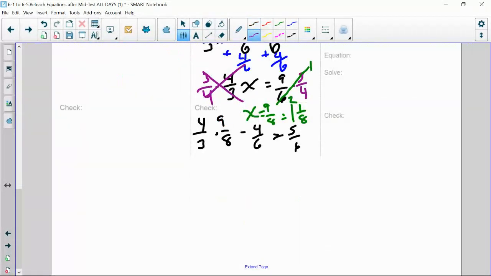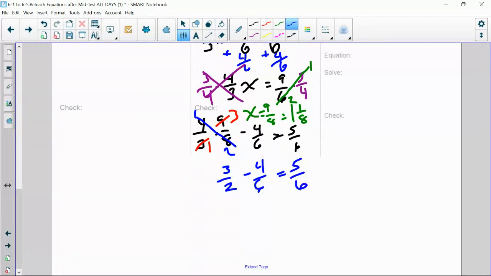Okay. Of course, we can do a little bit of canceling here. 3 goes into 9 3 times, and 4 can go into 8 twice. So now my new expression comes down to 3/2 minus 4/6 equal to 5/6.